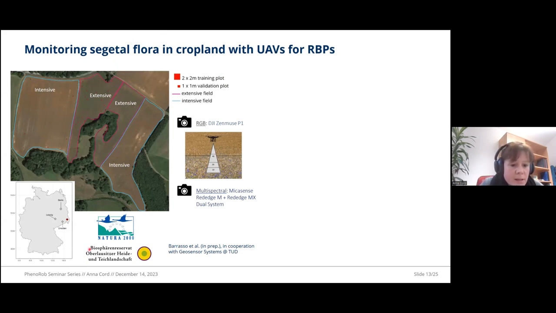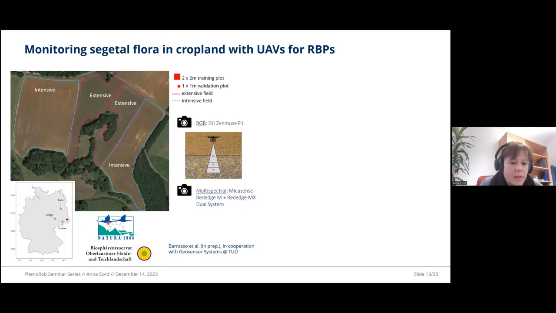It's a site based in a biosphere reserve, a little bit northeast of Dresden. It's also a Natura 2000 site, and it's an interesting site because these fields are managed by one farmer. This central part is under extensive management, and the outer parts are under intensive management.